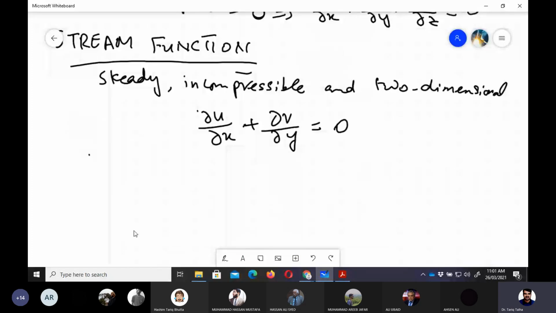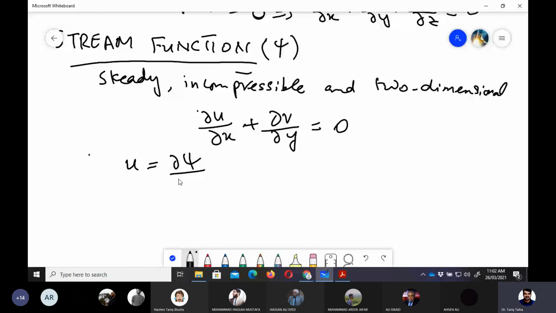Stream function is denoted by the symbol psi. It is defined in terms of u and v such that u is equal to partial psi by partial y, and the v component is equal to minus partial psi upon partial x.